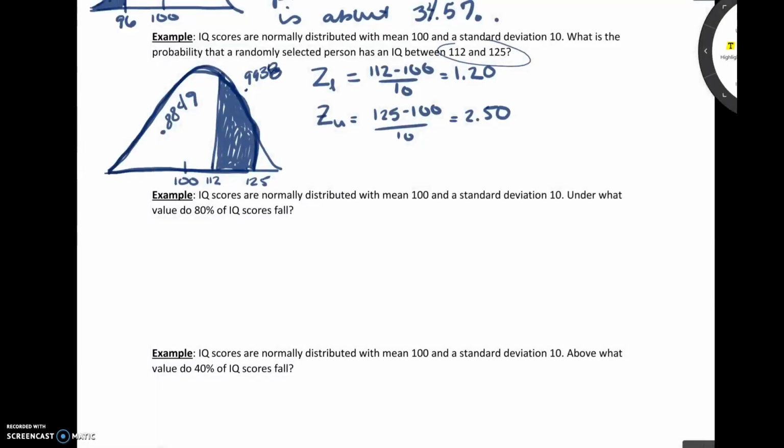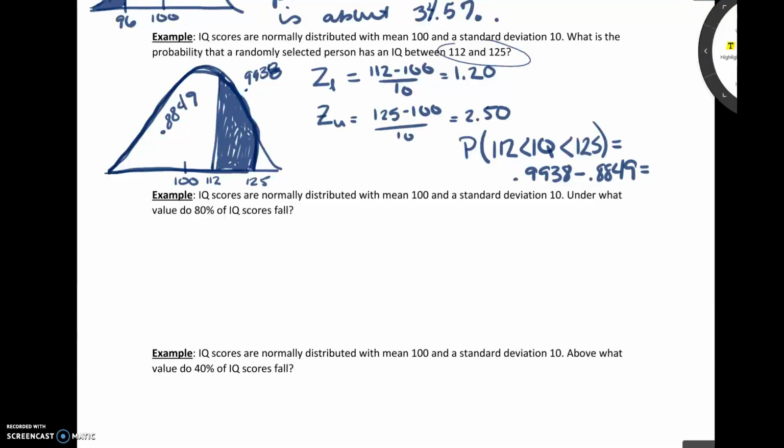If I take the 0.9938 area, which is all of this, and subtract off the 0.8849 area, I'm left with the piece that I want. So the probability, remember that we're interested in IQ scores between 125 and 112, is equal to 0.9938 minus 0.8849.